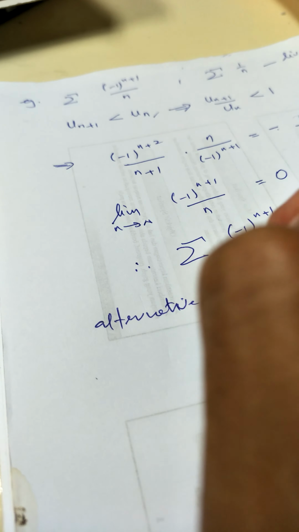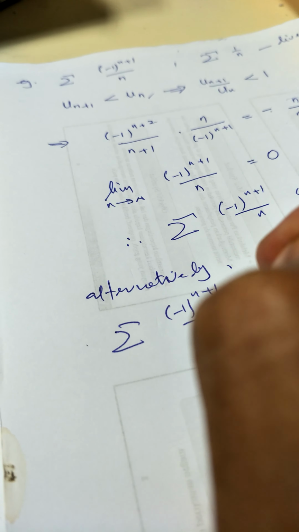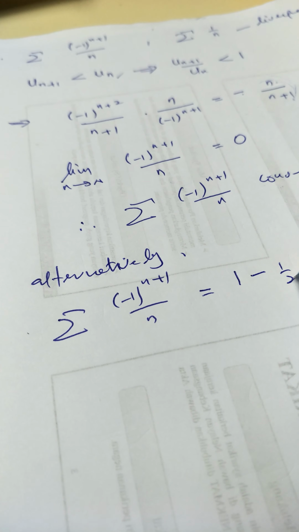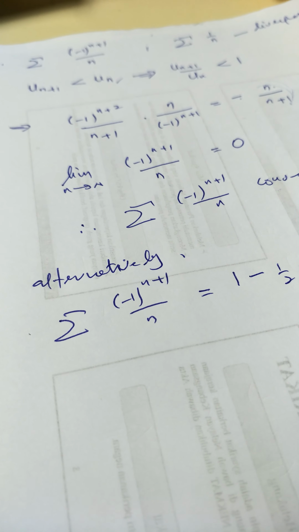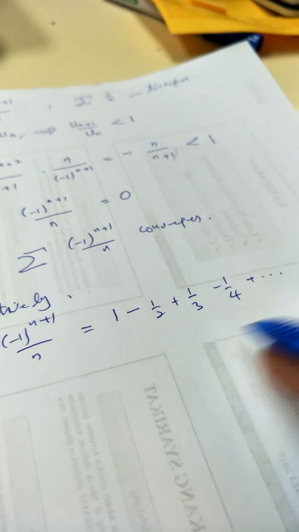You can also show this alternatively. You can write the series (-1)^(n+1) over n as 1 minus 1/2 plus 1/3 minus 1/4 and so on. You can show that this is less than this one. How to show this?